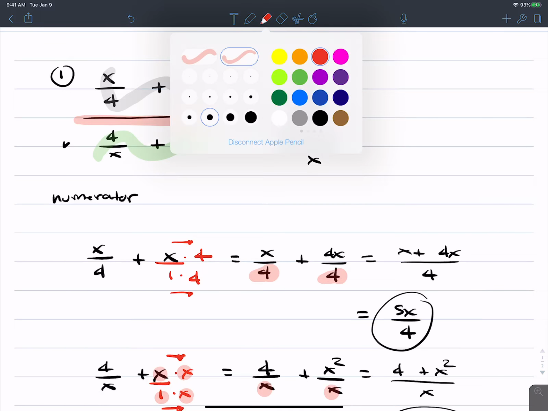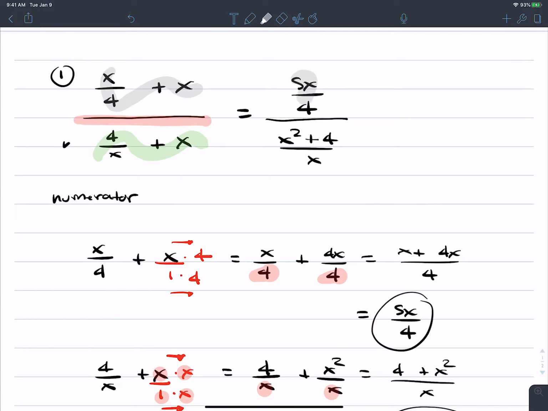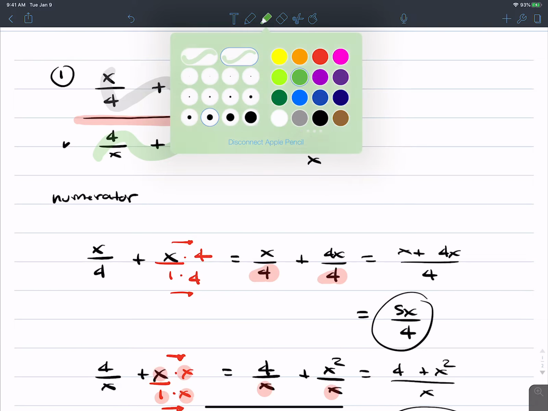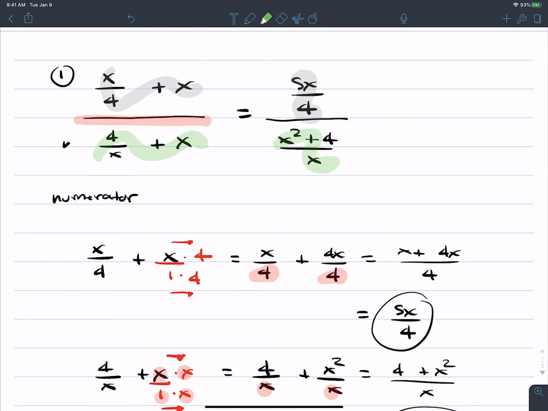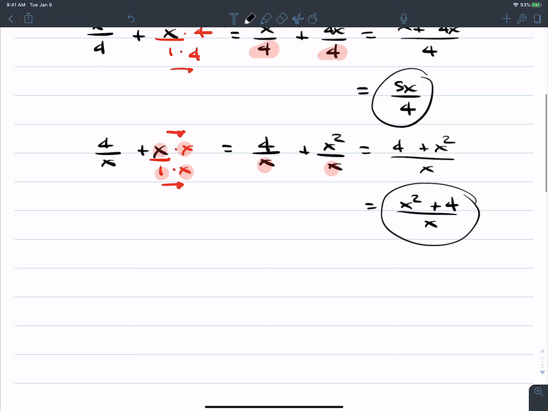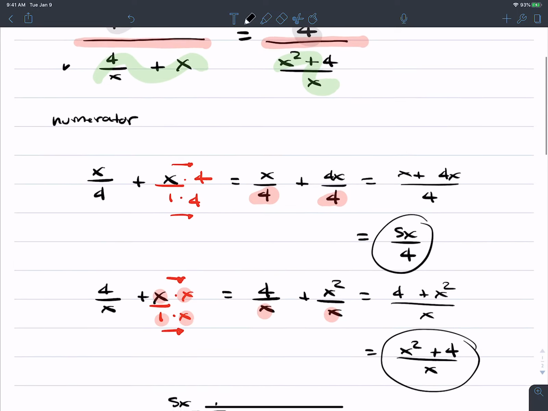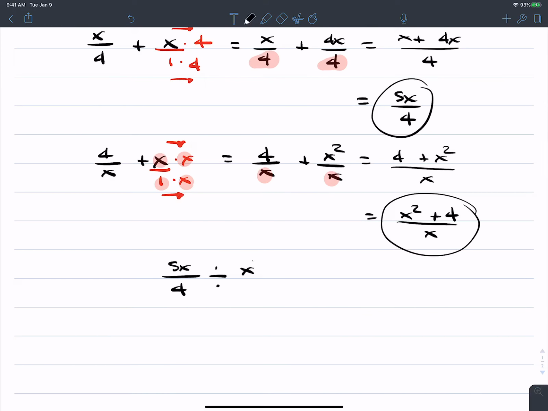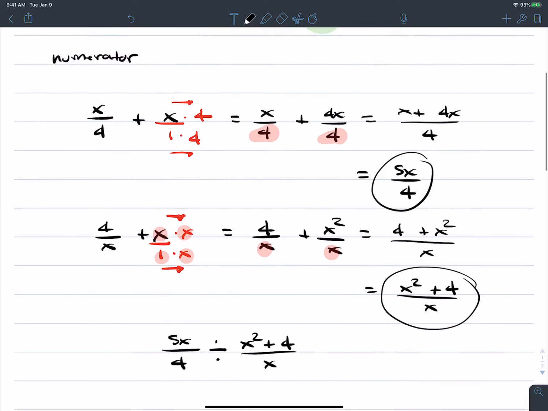So we have this numerator fraction, we have the denominator fraction here, and they're asking us now to simply divide here. So here we go. 5x over 4 divided by x squared plus 4 over x.